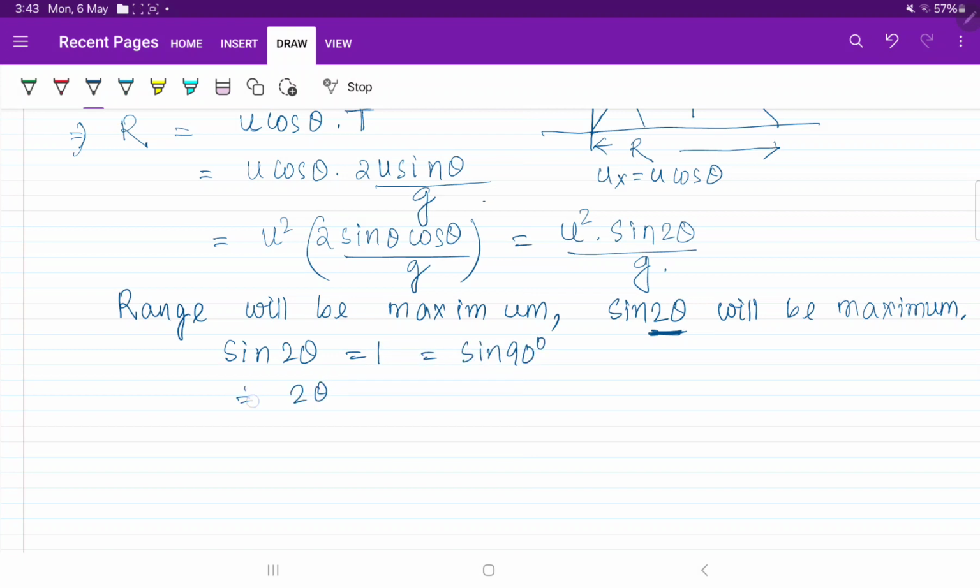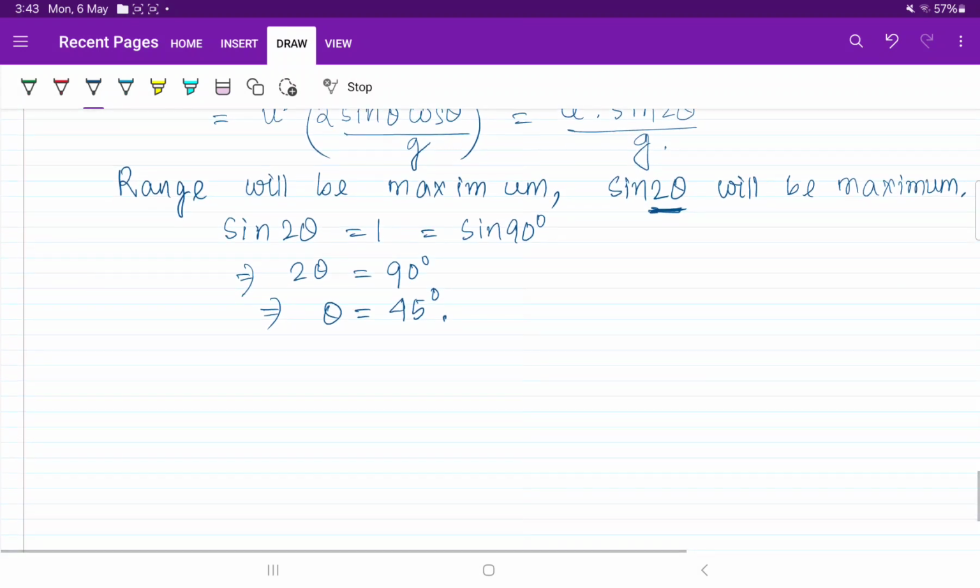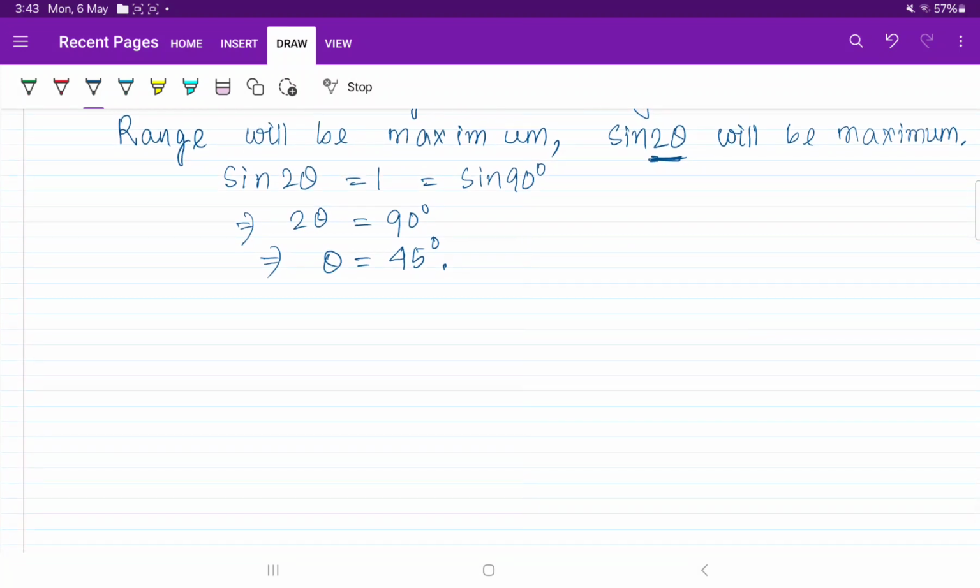So we can simply write that 2 theta is equal to 90 degrees, so theta is equal to 45 degrees. Okay, so if the projectile is projected at an angle of 45 degrees with respect to the horizontal, then it will travel more along the x-axis, that is, it travels a larger range.